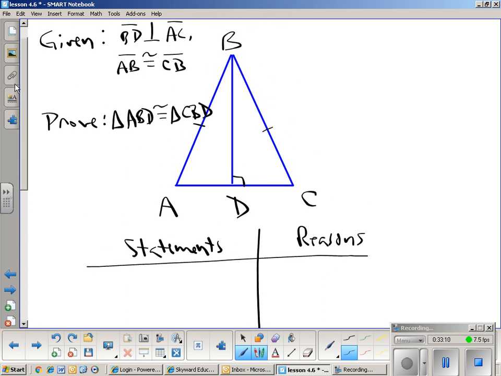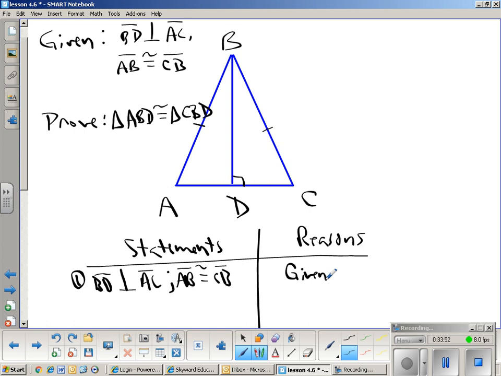Okay? So, who can give me the first step to writing this proof? What is it? The given, which says segment BD perpendicular to segment AC and segment AB congruent to segment CB, and the reason? Given.